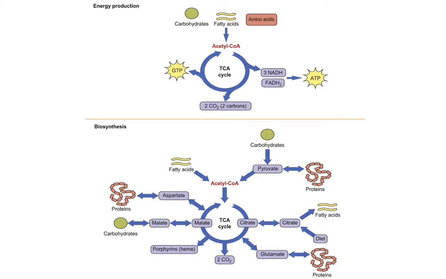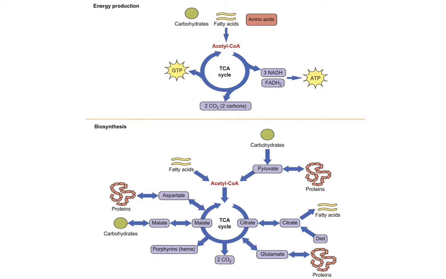Down at the lower diagram, we see some of the products or compounds that feed in or out of the TCA cycle. So the TCA cycle can, in addition to generating energy, also be used to synthesize certain precursors that can be used to build other compounds. The reverse of that can happen also. You can also increase the number of intermediates in the TCA cycle through the breakdown of some of these compounds.